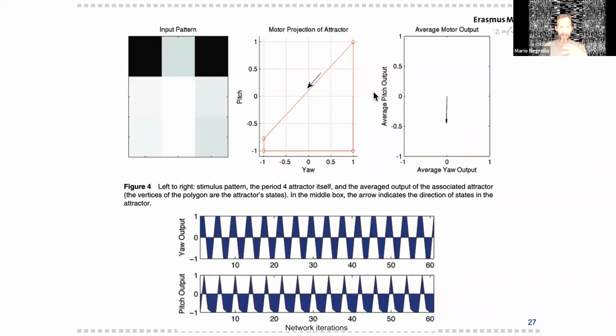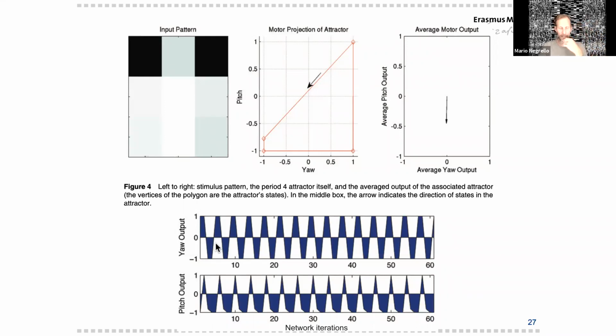And what turns out is that I'm not showing you here the structure of the network. I'm showing you the dynamics of the network. And the dynamics are such that you have an input pattern, which is 9 input pixels. And you have an output on the output units that are controlling the neck motors, like the yaw output and the pitch output, up and down.